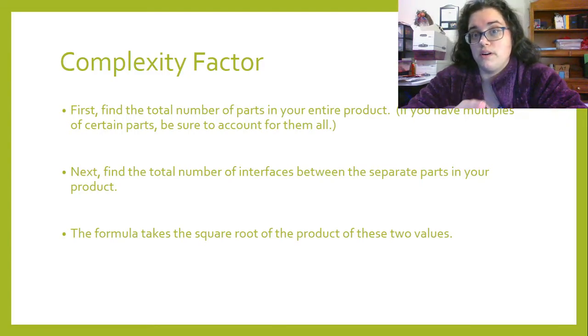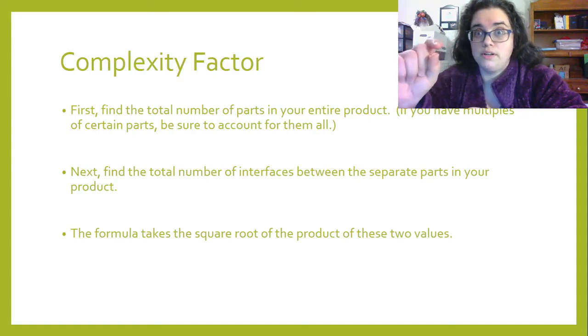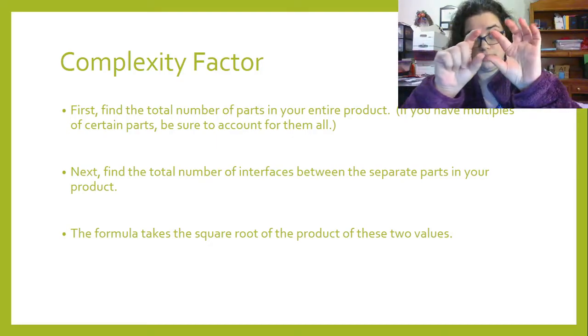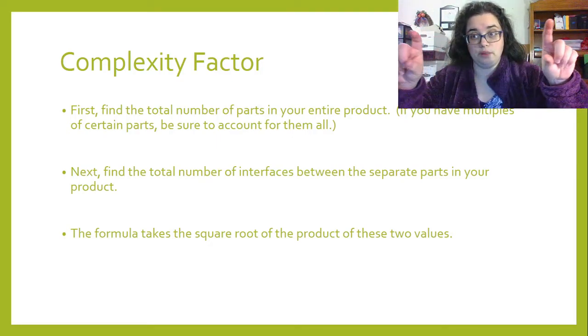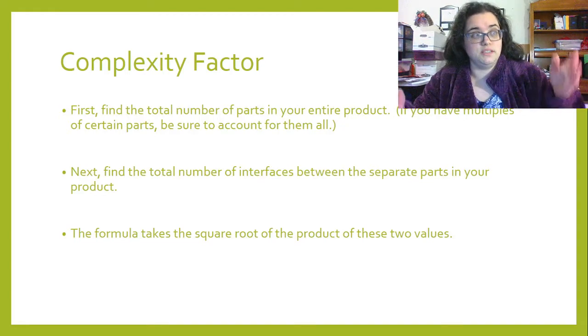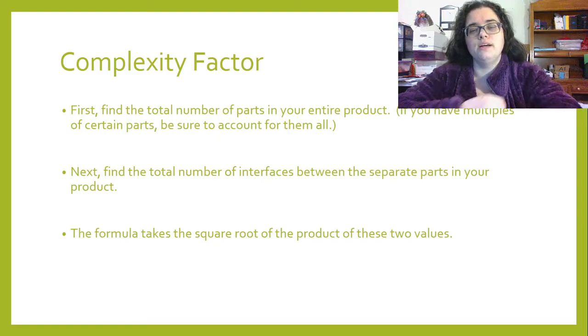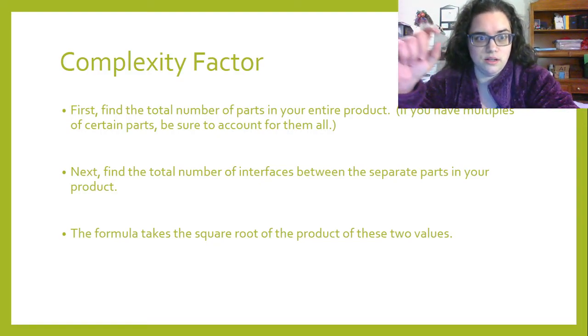So if your product has a bunch of repeated parts, you have to add every single one of those as well. Sometimes on your parts list, you'll have a certain type of screw, and you'll have 20 of those, and then a certain type of dowel, and you'll have 5 of those. Maybe you'll have 8 pieces of the same size piece of wood. If you have repeated items, you've got to add those all up.